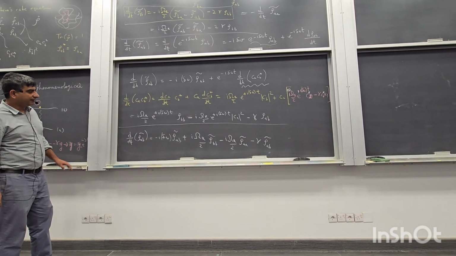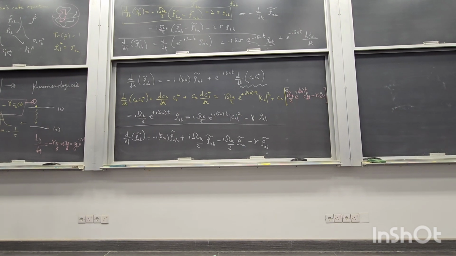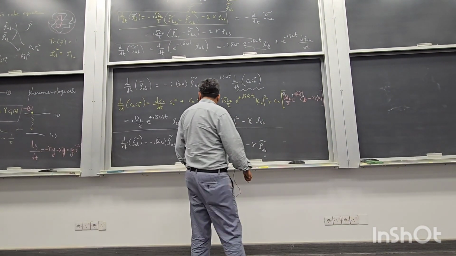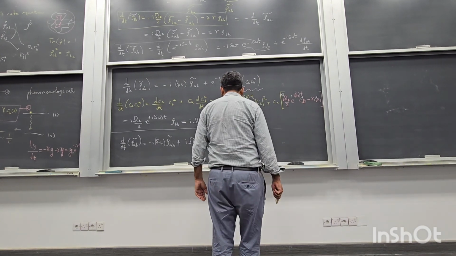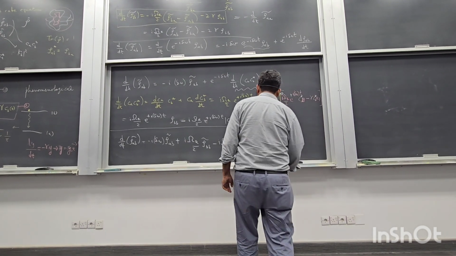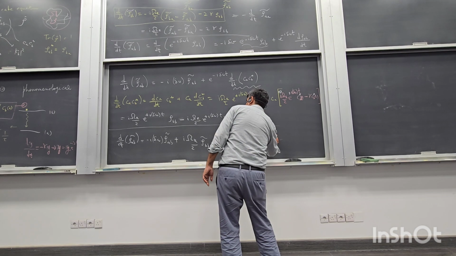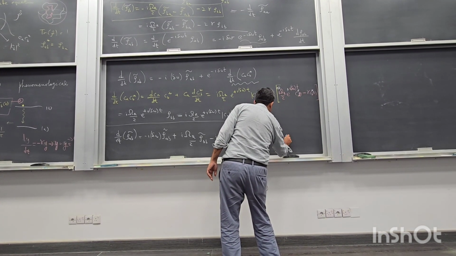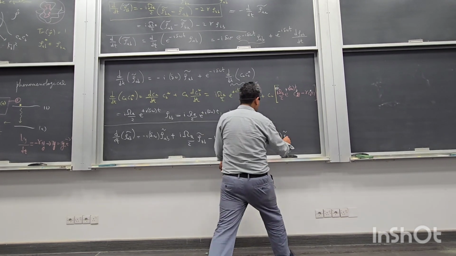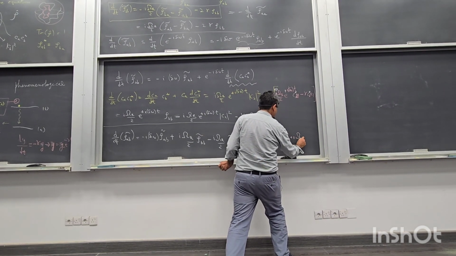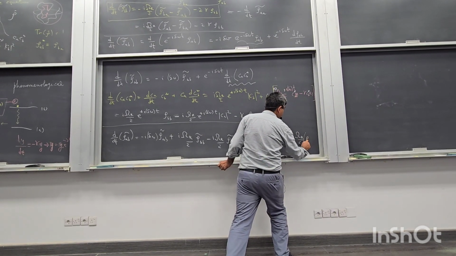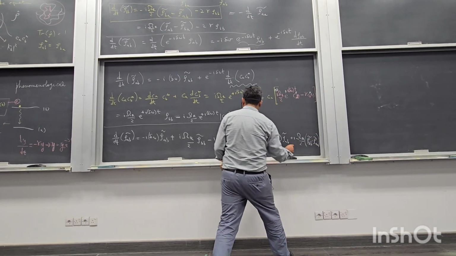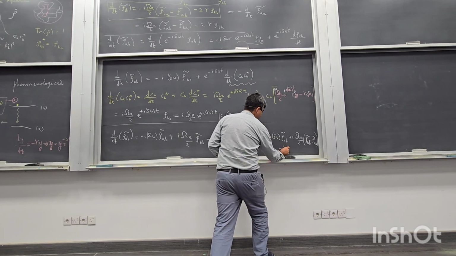So this gives me the rate of the decay. I can also express this as minus i delta omega rho AB plus omega R over 2 (rho BB minus rho AA) minus gamma rho AB.